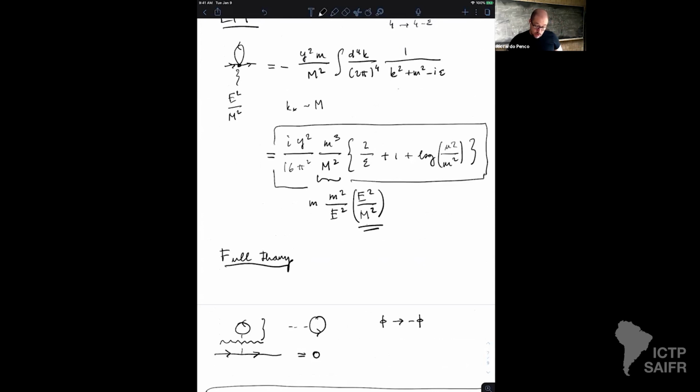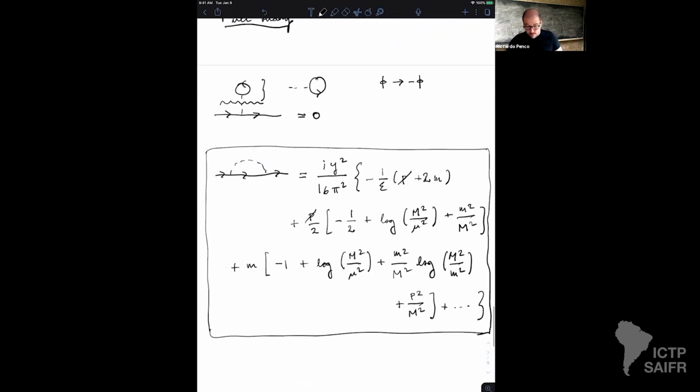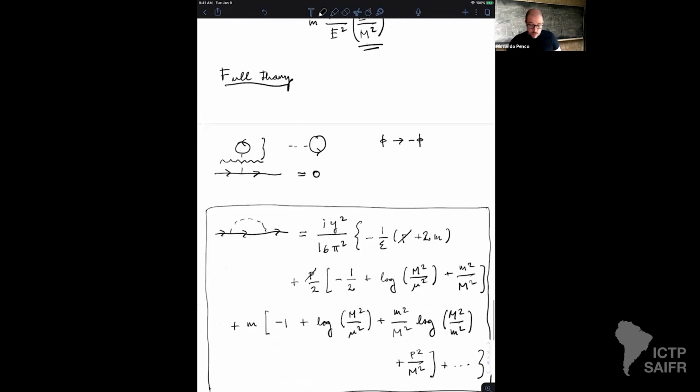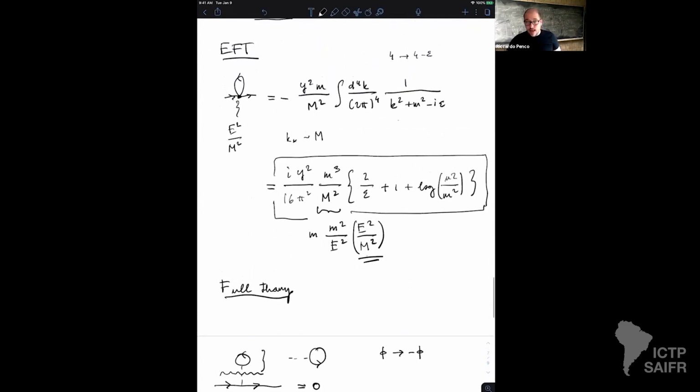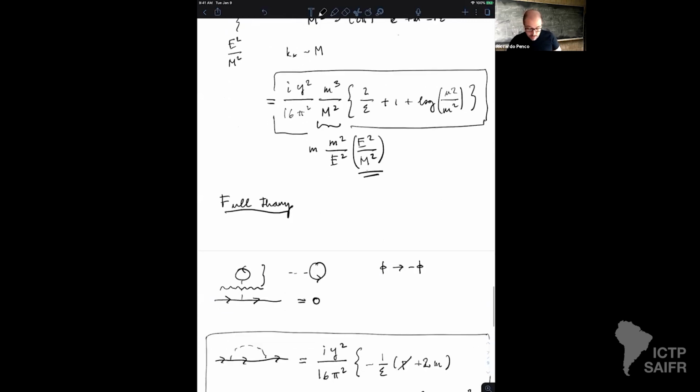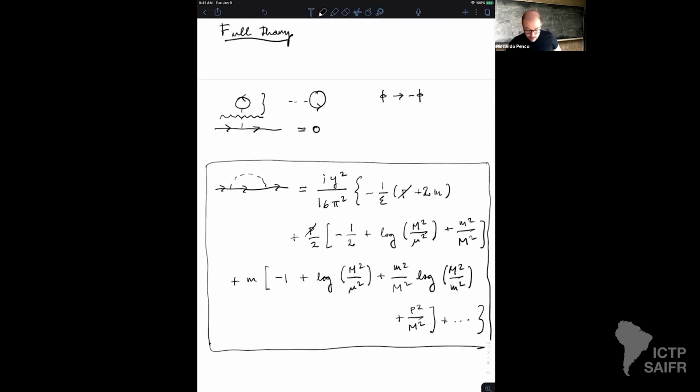Not only does it look different, it also looks much more ugly. Okay. And this hopefully is going to drive home another advantage of working with an effective theory, which is that loop diagrams are actually much easier to calculate than if you were to calculate a diagram in the full theory and then just perform a low energy expansion.